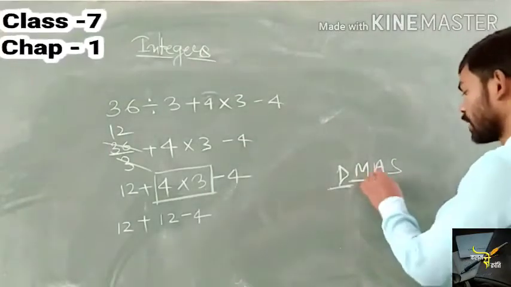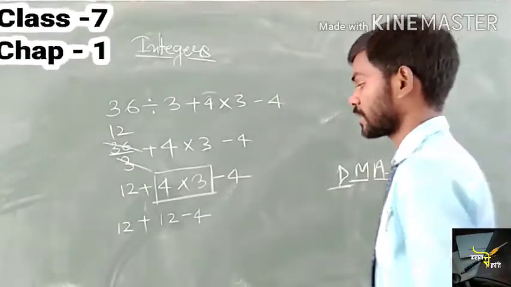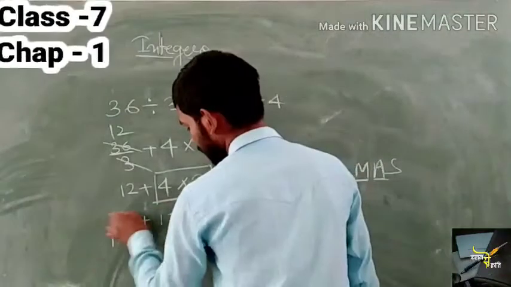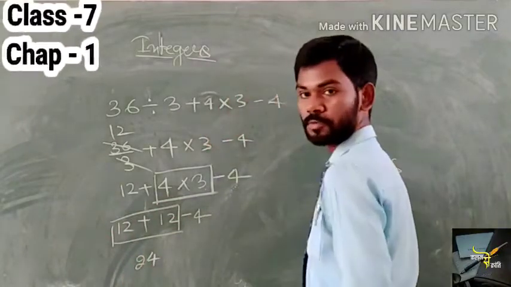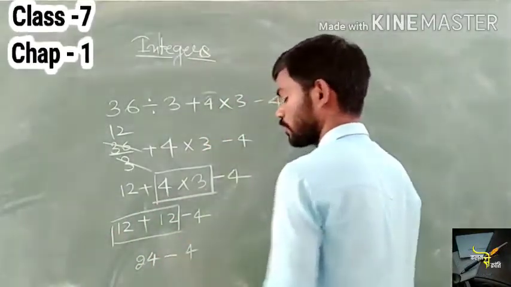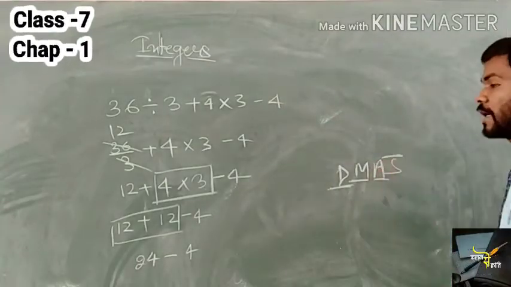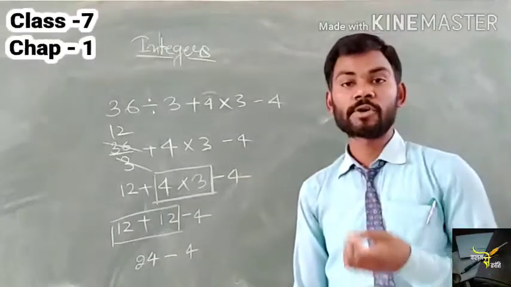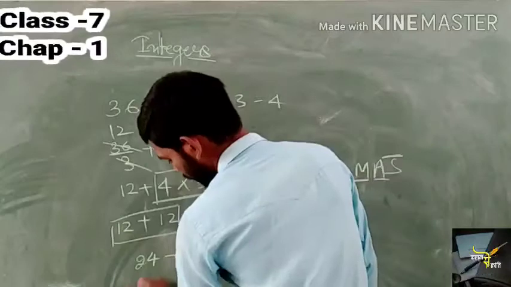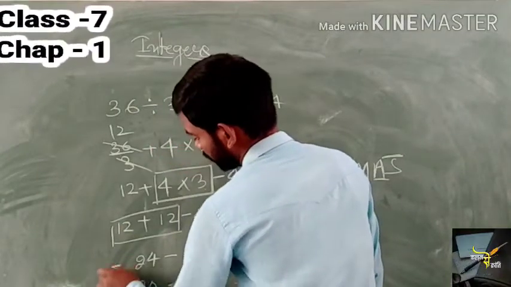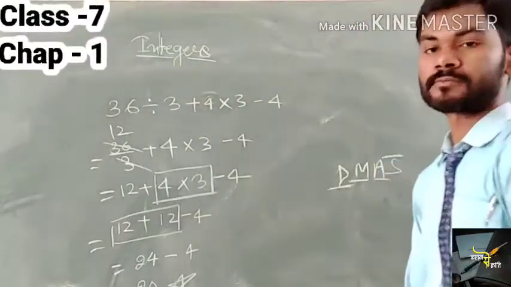Here the next term is A, that is addition. So we add these two terms, and we get 24 minus 4. At last we have S, and S stands for subtraction. So we subtract, and at last we get the result as 20. Therefore 20 is the right answer.